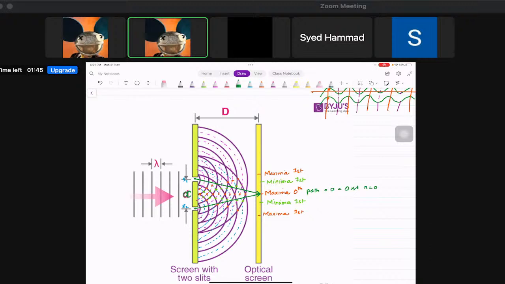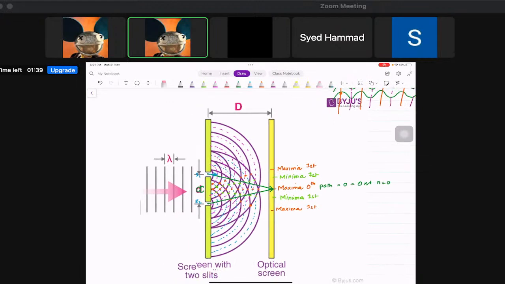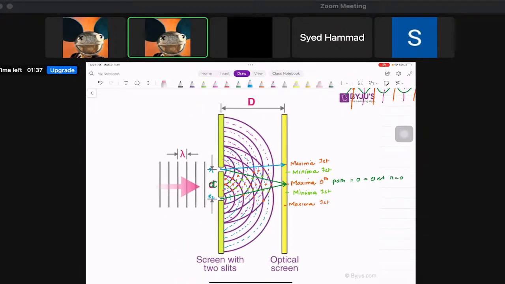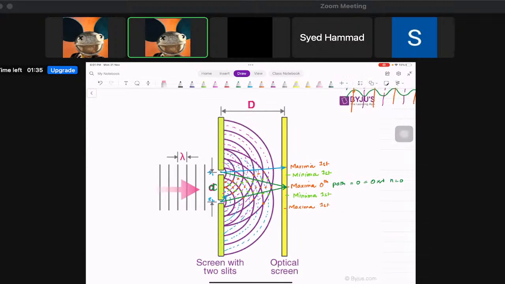Now, if we go to the next one, from S1 to the next maxima, and from S2 to the next maxima, you might realize that the waves need to travel a longer distance from S2 to S1 to reach that point, which means the path difference here is going to be equal to 1 lambda, because n is equal to 1.